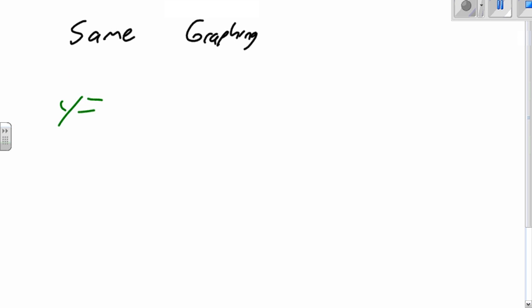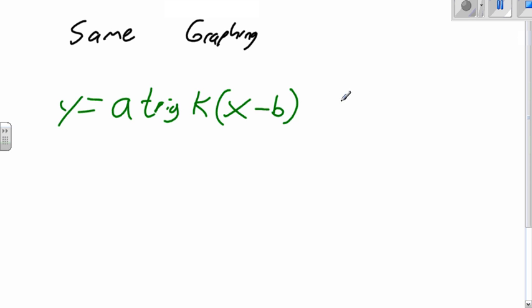So if we had y equals a, and then it could be any trig function at all, and we could put a k, x minus b, plus c, no matter what the trig function is.